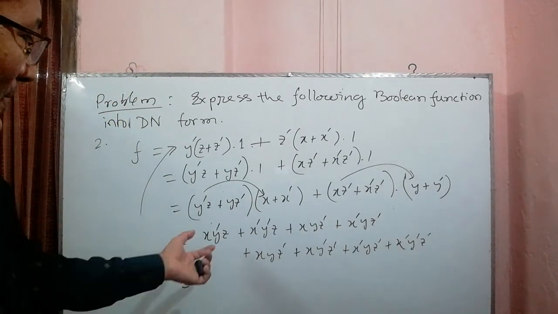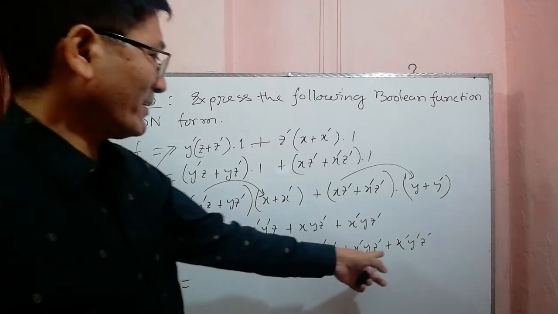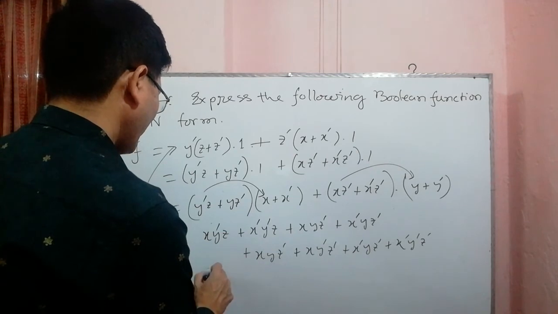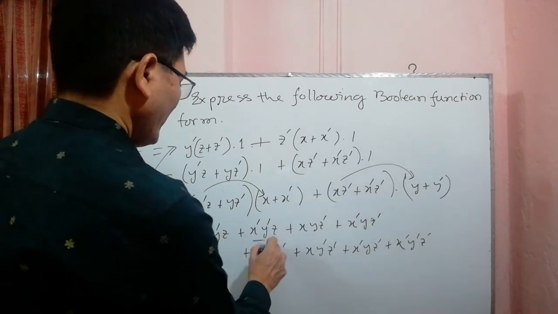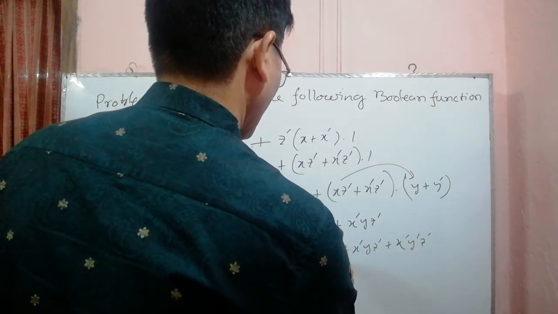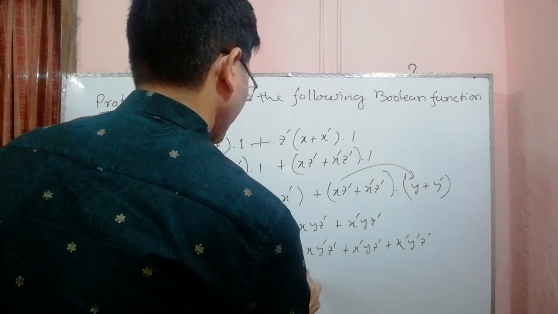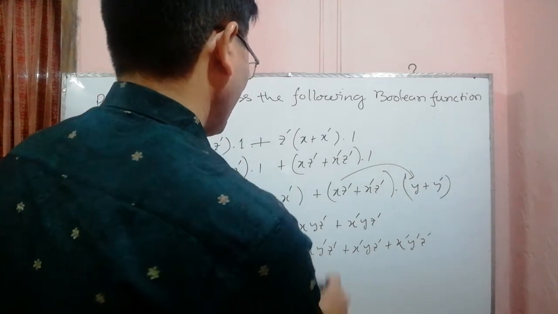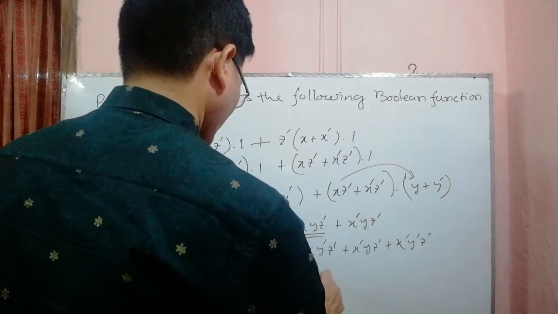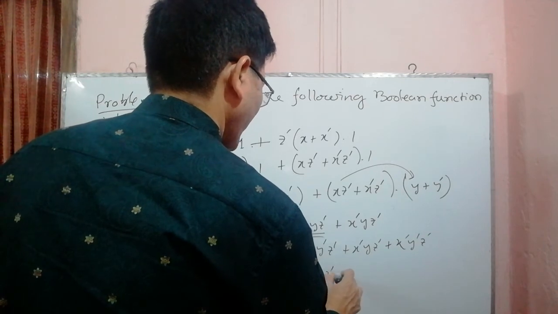Now dear students, if there is any redundancy, try to find it. x y prime and z, x prime y prime and z, x prime y prime and z again. Then x y z prime: this term occurs two times, so we will take a single term only, x y and z prime.